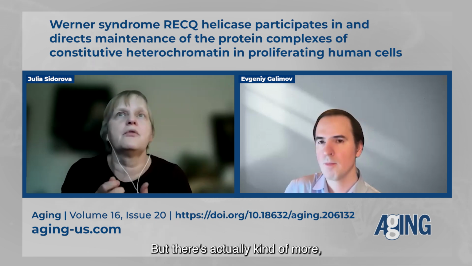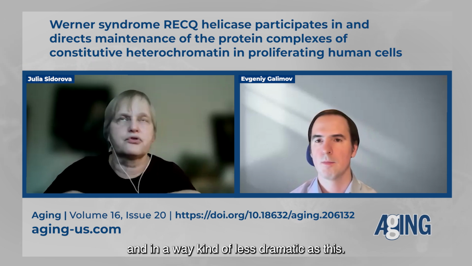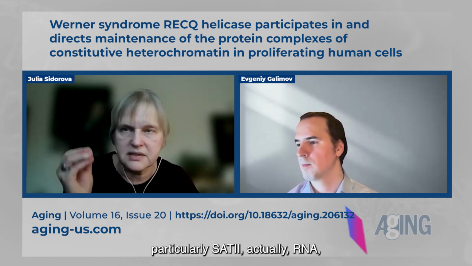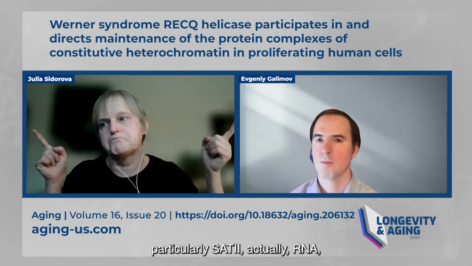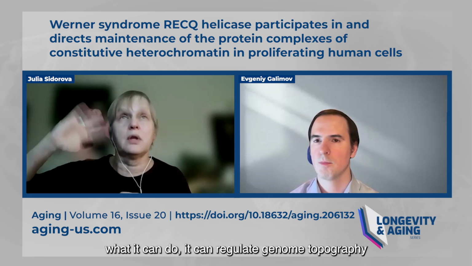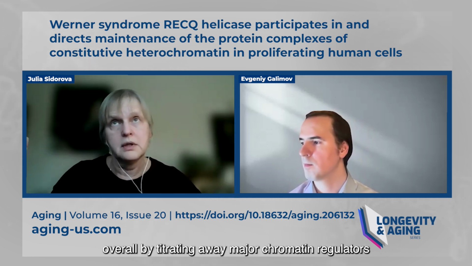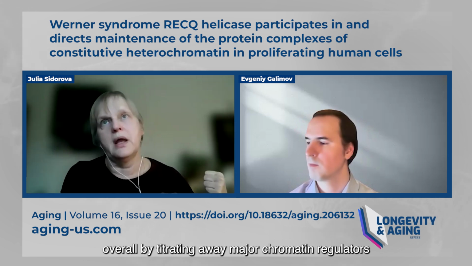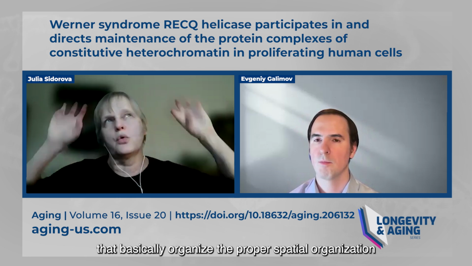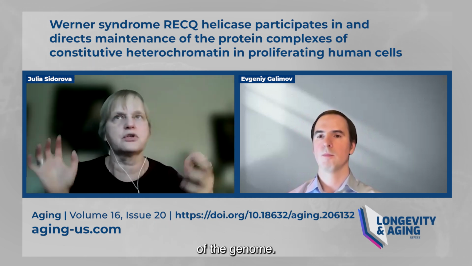But there's actually more, and in a way less dramatic than this. Apparently, particularly SAT2 RNA can regulate genome topography overall by titrating away major chromatin regulators that organize the proper spatial organization of the genome.